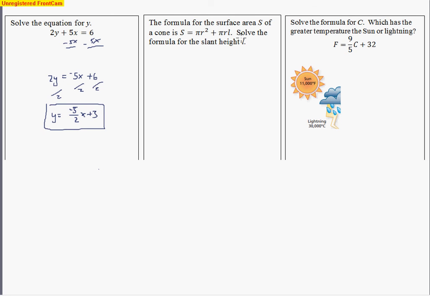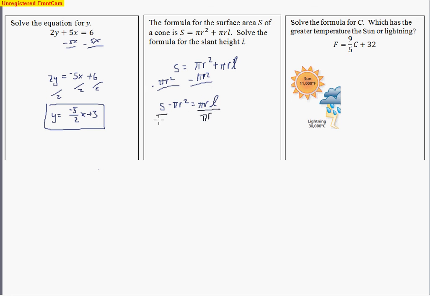So this next one asks us to solve for L. So first step is to get L, or the term with L, by itself. So since I've got an addition sign there, I need to move that over. So I'm going to do an opposite operation. I'm going to subtract that pi r squared from both sides. So now I have s minus pi r squared equals pi r L. So now I'm going to go ahead and get rid of that pi r by dividing by pi r.